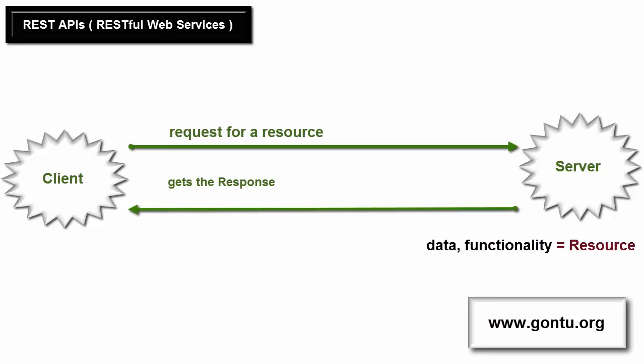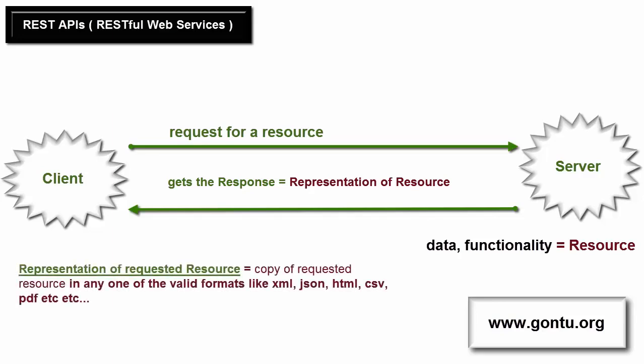The response which the client receives is actually the representation of the requested resource. It's actually the copy of the requested resource in any of the specific formats like XML, JSON, HTML, CSV, PDF, etc. as requested by the client.